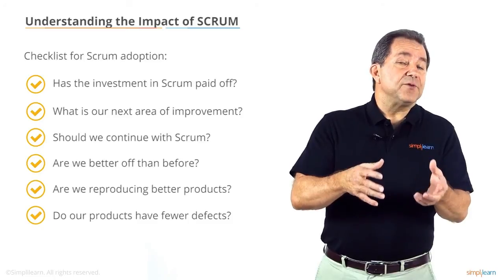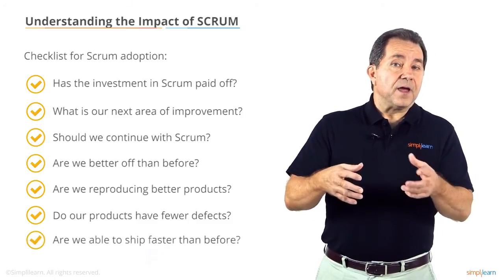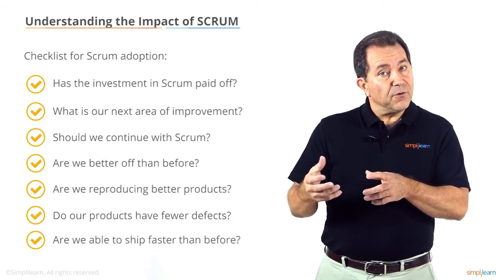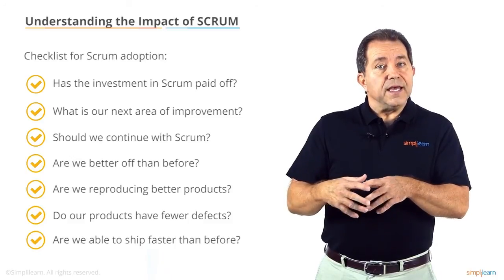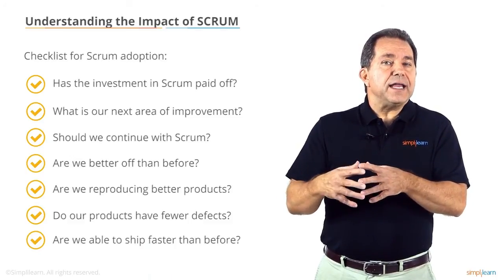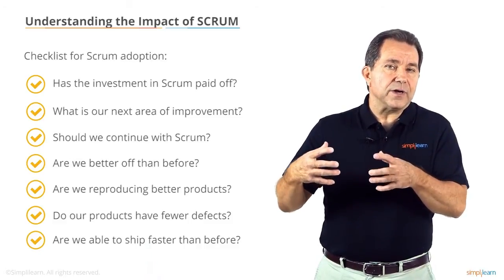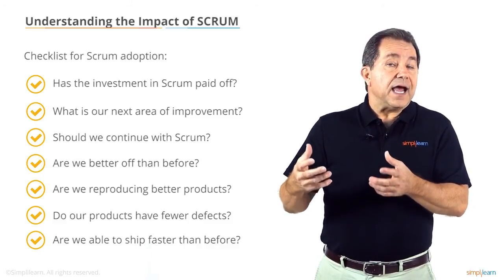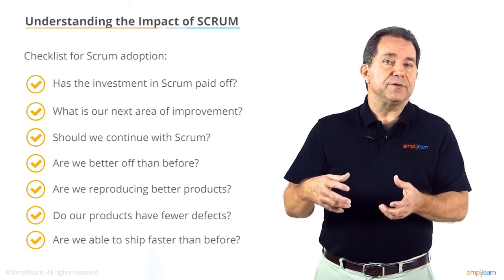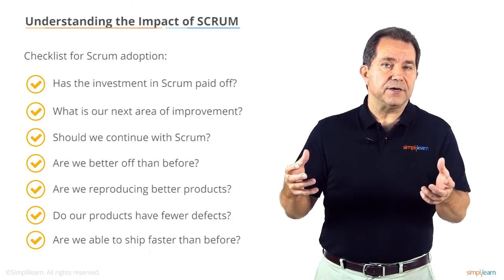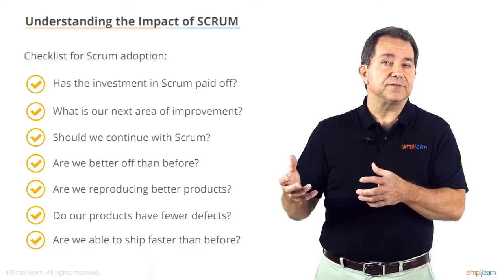Do our products have fewer defects? Are we able to ship faster than before? The answers to these questions do not need to be necessarily arrived at through a precise or scientific effort. However, testing and measuring the results of any effort is necessary to discover whether or not we've been successful.